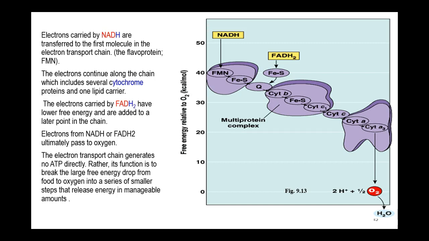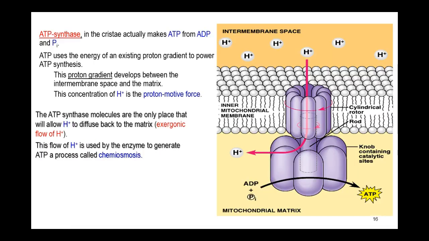It generates no ATP directly. It's important you have that in your head. This chain is not generating ATP. It functions to create large free energy, and that free energy in the next step is going to be used with the help of ATP synthase, an enzyme in the cristae, remember, that's the folds of the inner membrane, to make ATP from ADP.